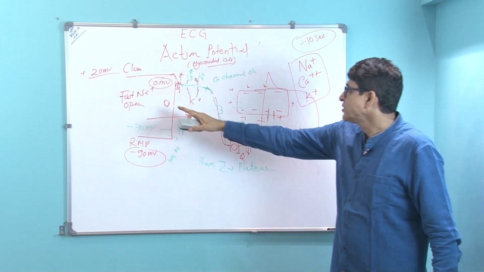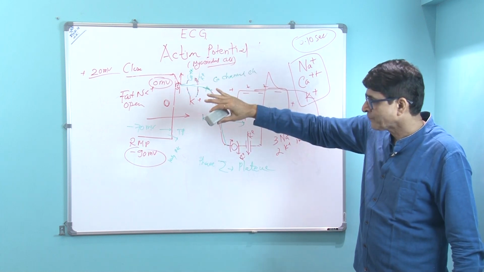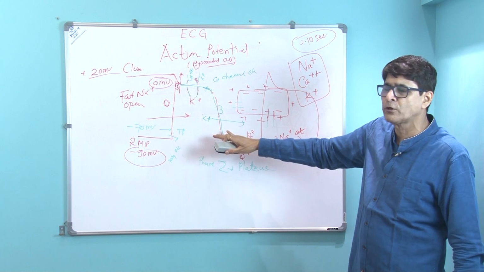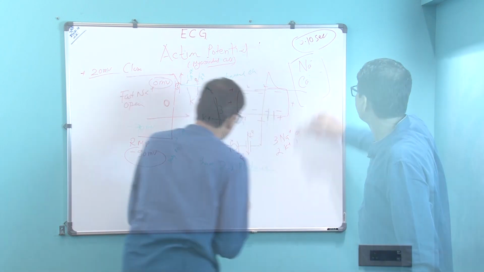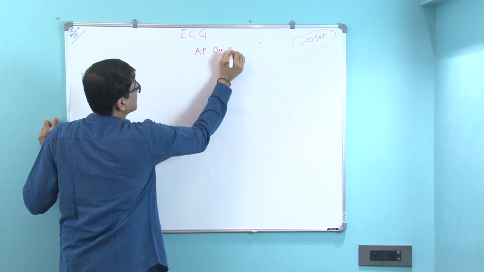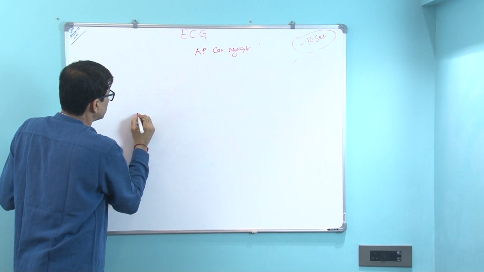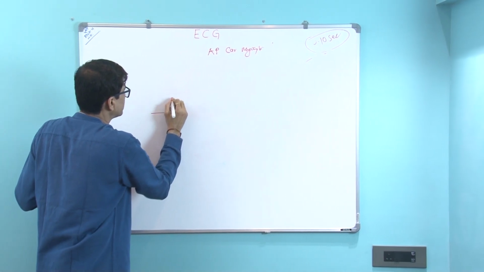Now this is depolarization and repolarization. The action potential is over. How ECG waves are related to this, I will explain. We have the cardiac myocyte. See, this is phase 4, this is phase 0.